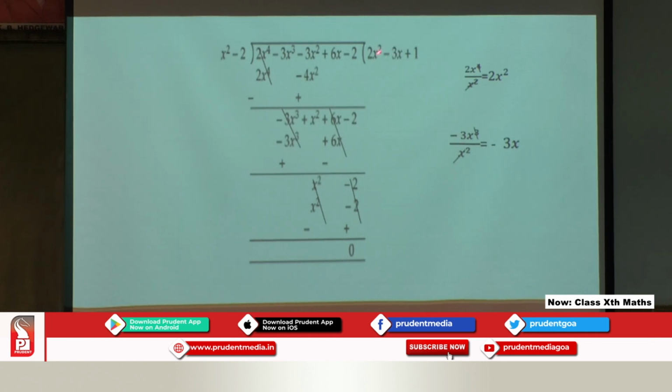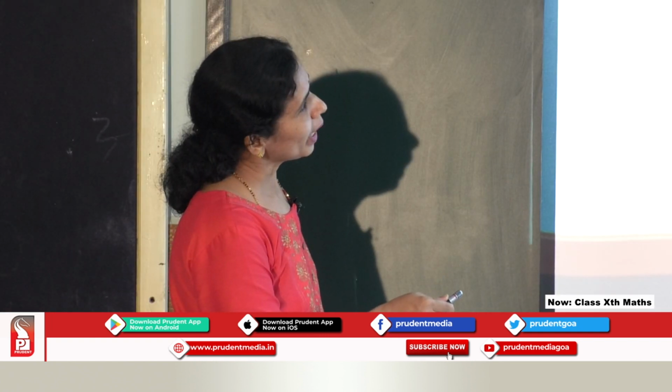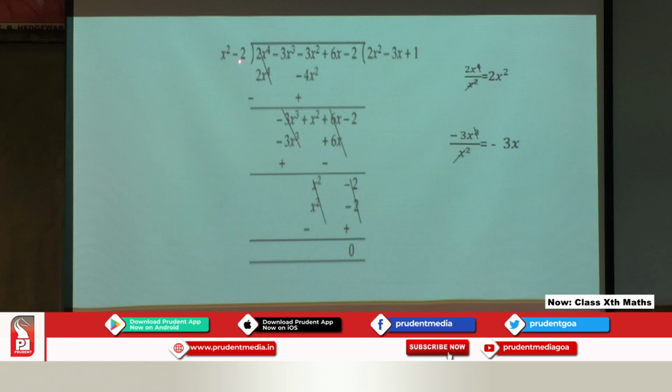Now next step, we should multiply the first term of the quotient with the entire divisor, that is x square into 2x square. 2 ones are 2, x square into x square, that is x raised to 4. Next, 2x square into minus 2: minus into plus is minus, 2 2s are 4x square.